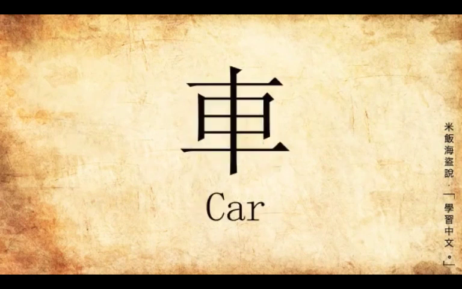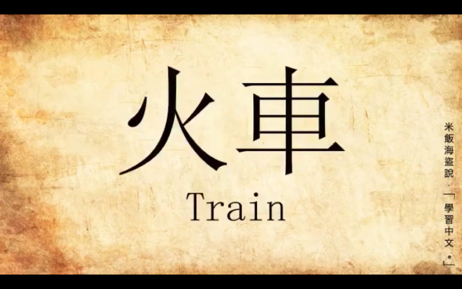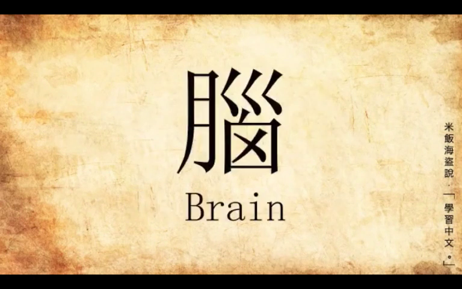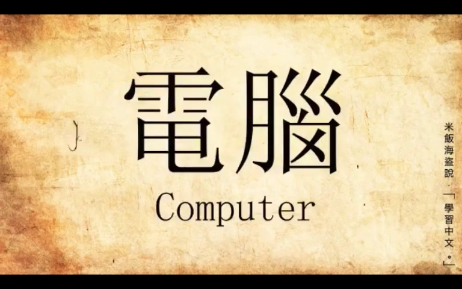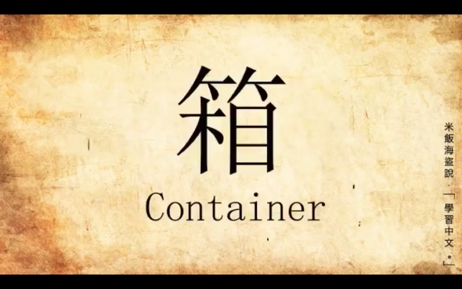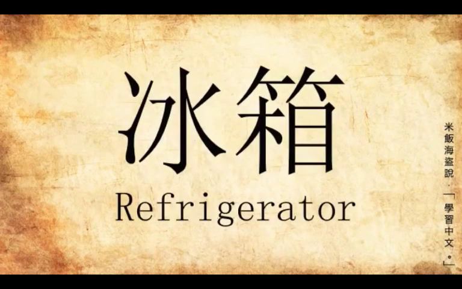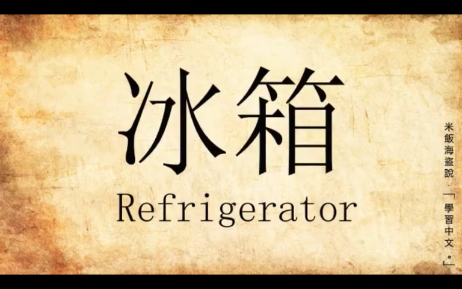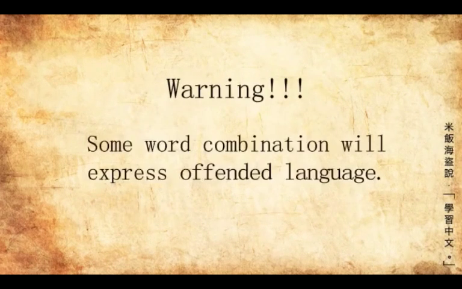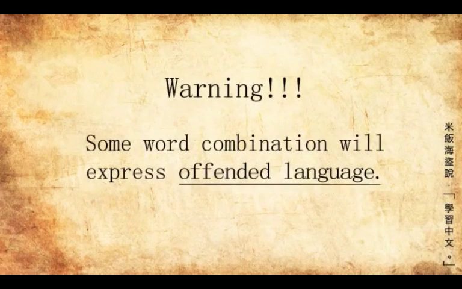For example, 火车, 电脑, 冰箱. Reiterator, it's a stupid nonsense. Who make this word? Oh, Noda is America, USA. It is also important for you to know some good word together mean a very bad word.